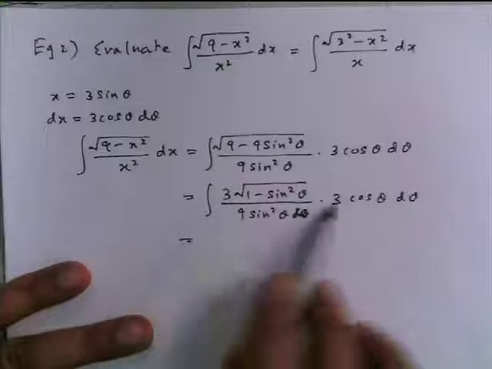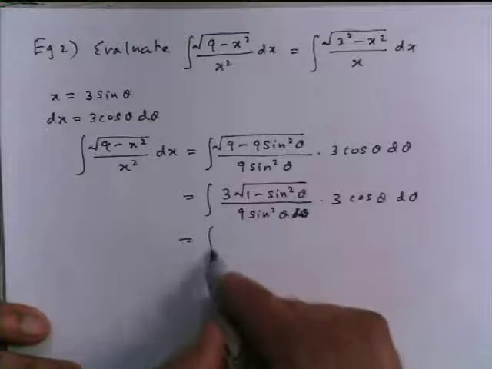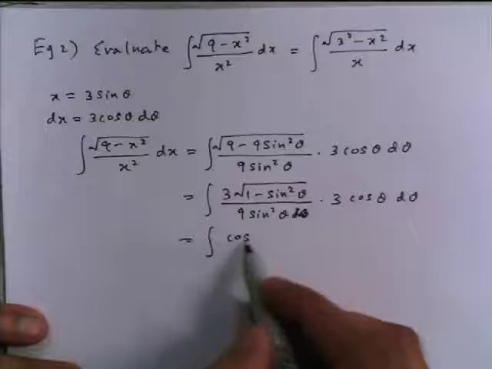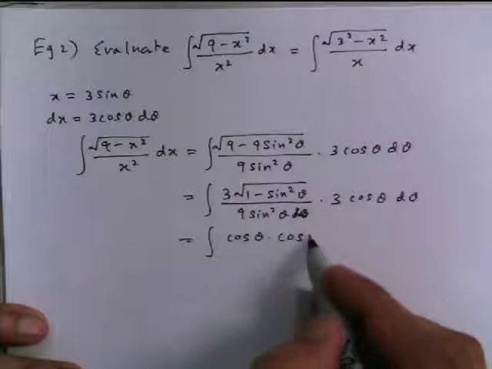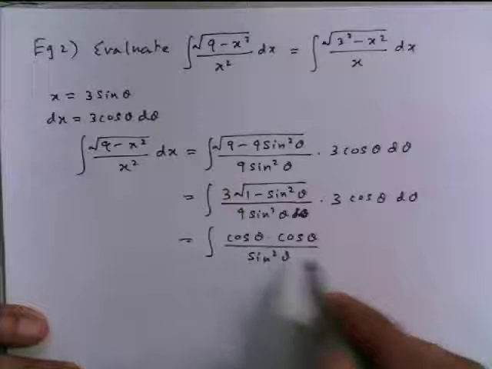And this 3, 3 and 9 get cancelled. The top becomes what? Cosine theta, times this one, another cosine theta, over sine squared theta d theta.